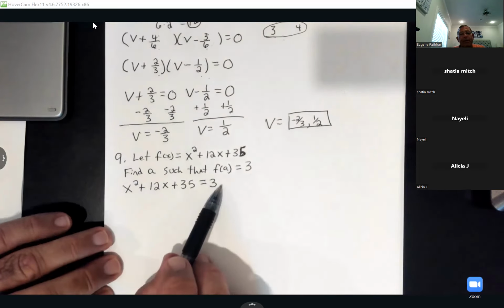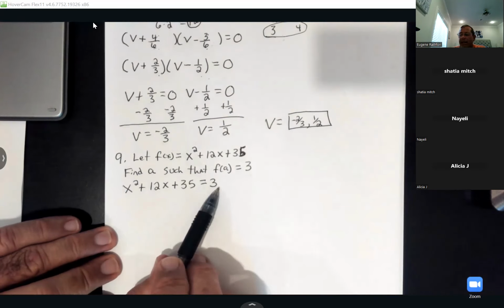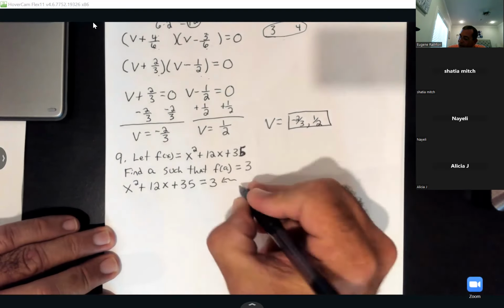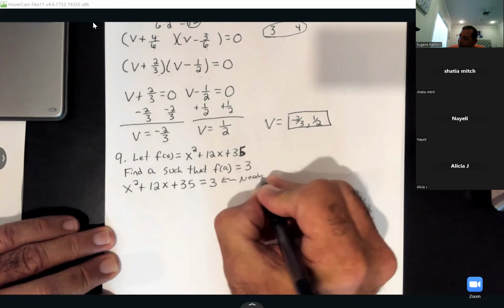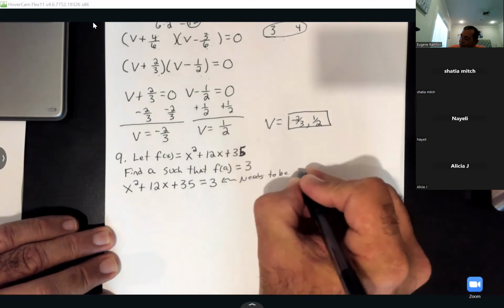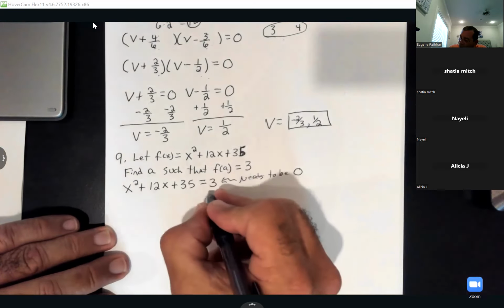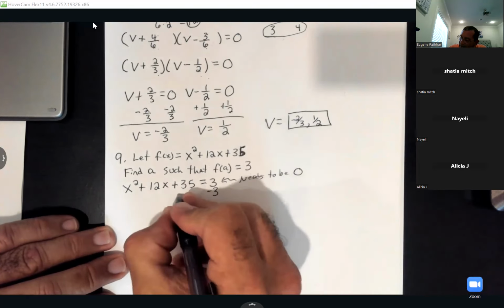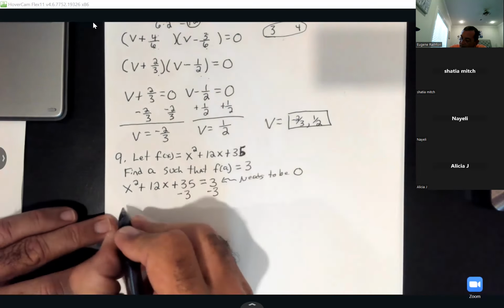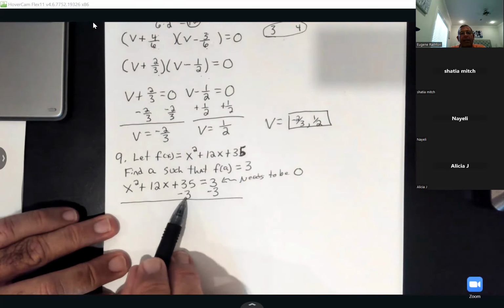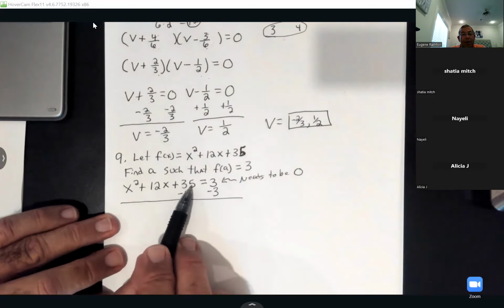So, here's the thing on this one. I got to solve this again, but guess what needs to be where the 3 is? That 3 needs to be a 0. So to make that a 0, we got to subtract 3 from both sides. And look at that. You've got a number on this side, so you can subtract 3 from that number.